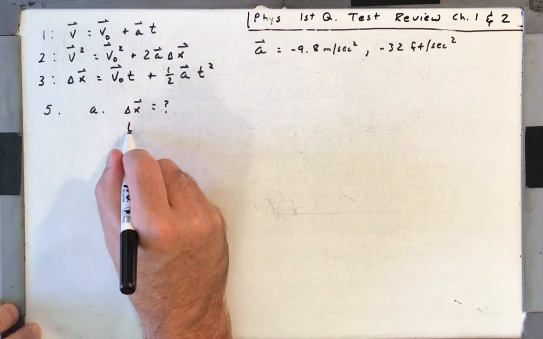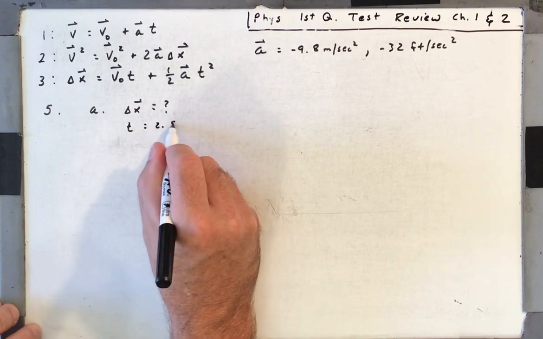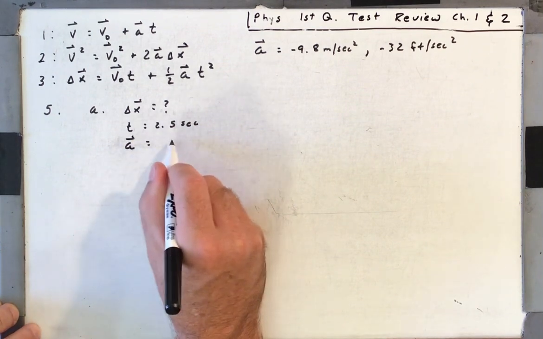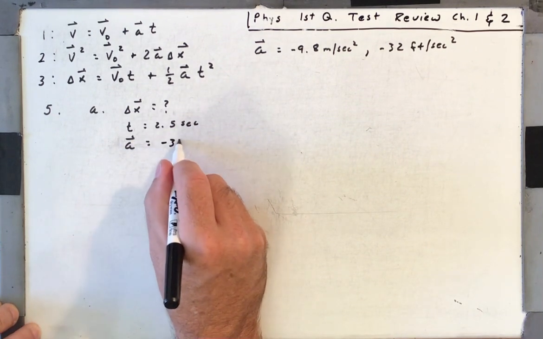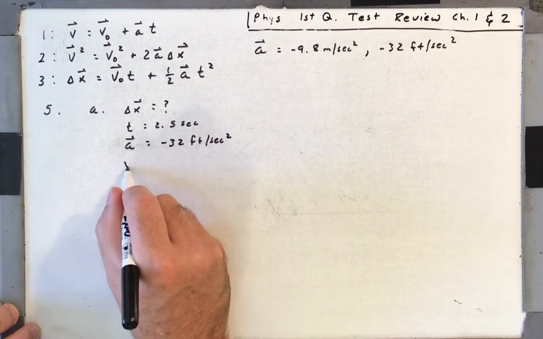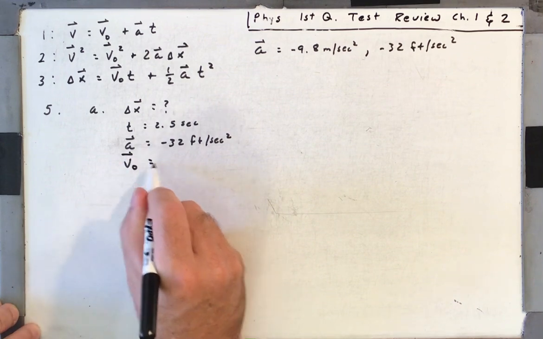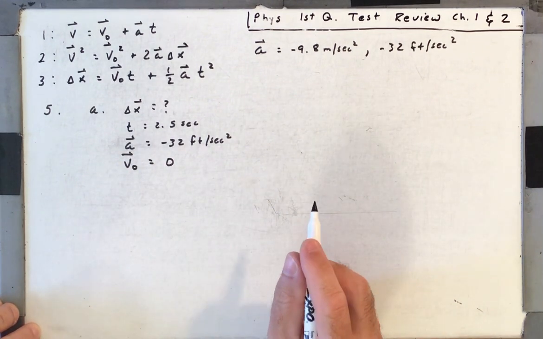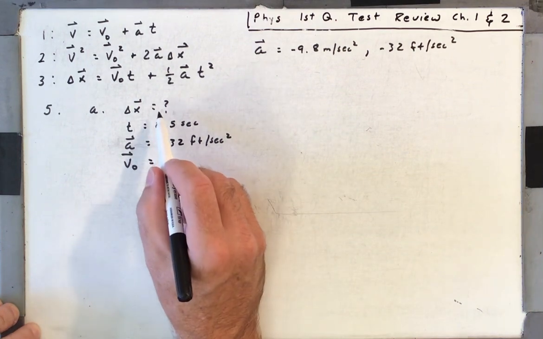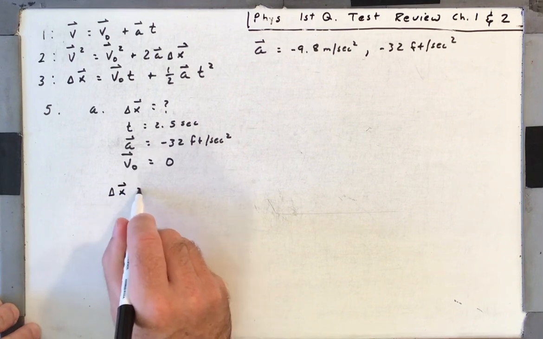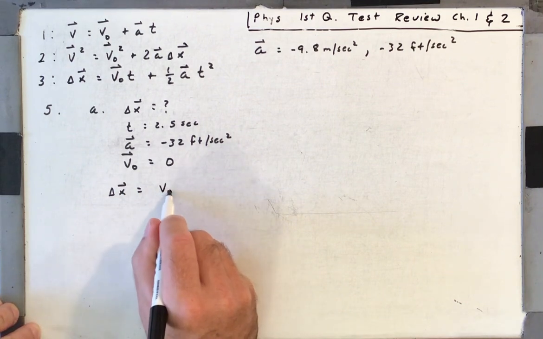All right, we know time is equal to 2.5 seconds. We know acceleration is negative 32 feet per second squared. And we know that the initial velocity is 0 because he's not throwing it down. All right, I think we got enough information if we use equation 3. So delta x is equal to v naught t.